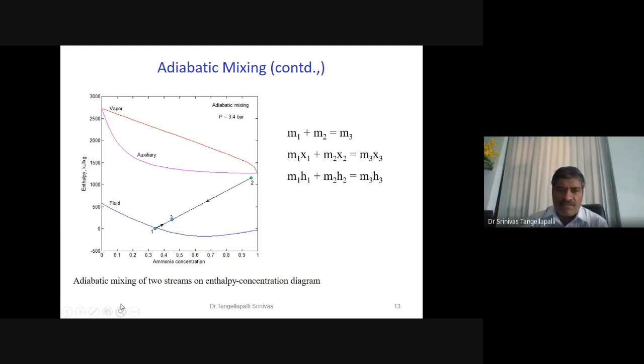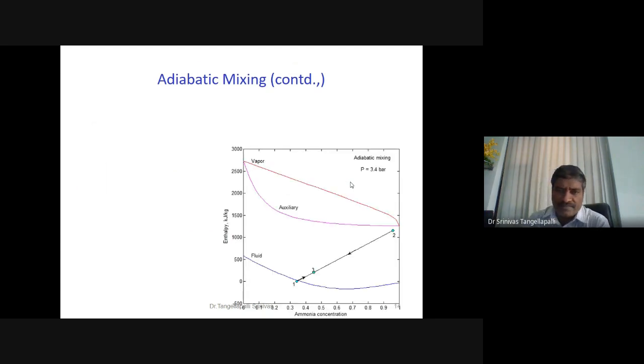Mass balance is M1 plus M2 equal to M3, concentration balance is M1 X1 plus M2 X2 equal to M3 X3, and energy balance is M1 H1 plus M2 H2 equal to M3 H3. These are the three balance equations: mass, concentration and energy.